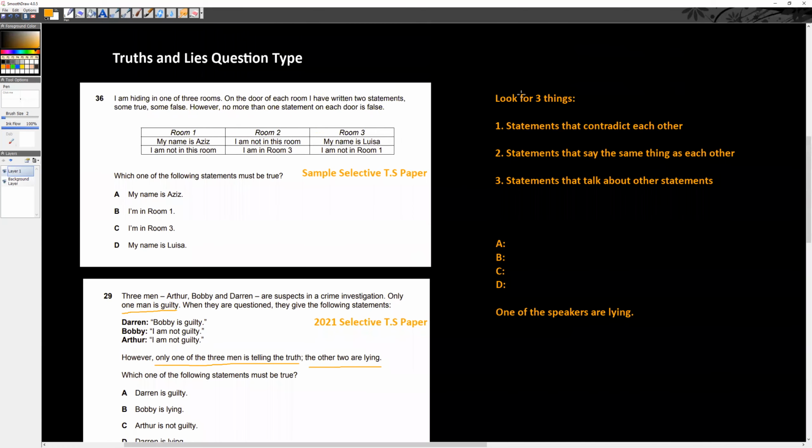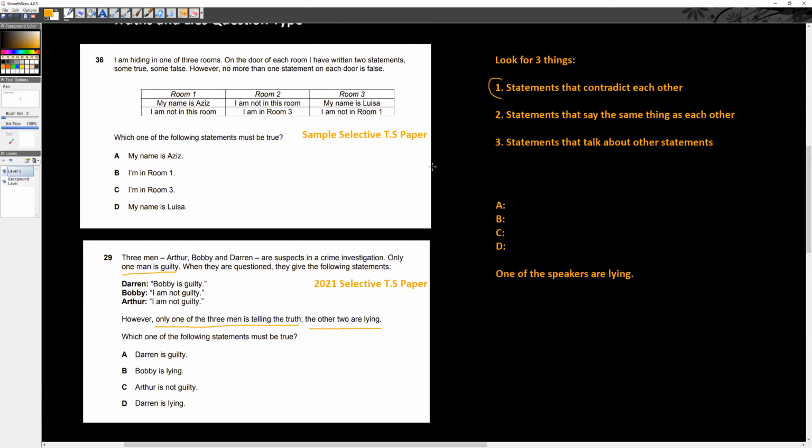So let's use our truth and lie strategy. Let's look for contradicting statements. Reading through the 3 people, straight off the bat, Darren and Bobby are contradicting each other. Darren is accusing Bobby of being guilty, and Bobby is saying, I am not guilty. Now, they're saying opposite things, so that means one of them must be telling the truth, and one of them must be lying.